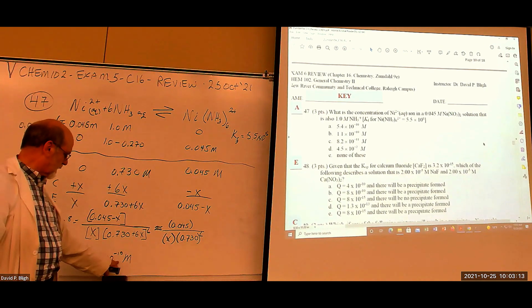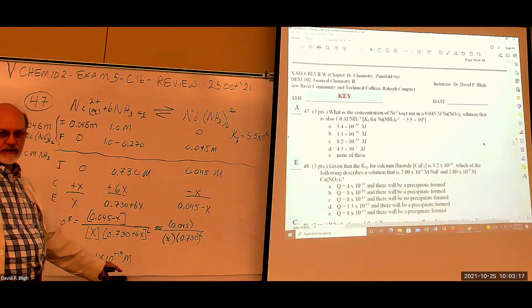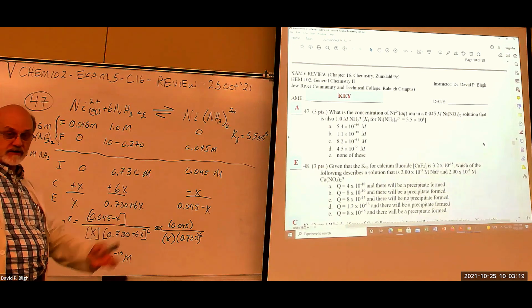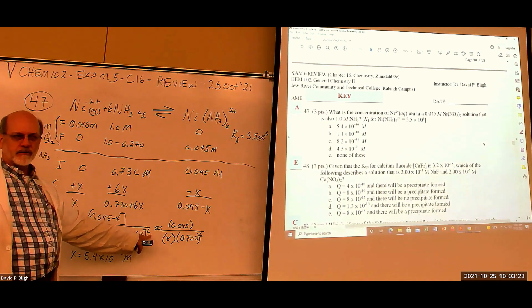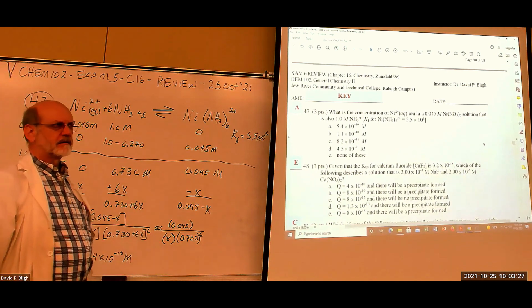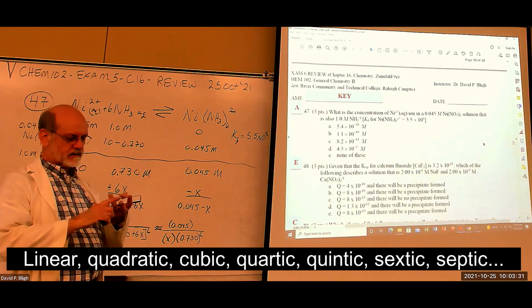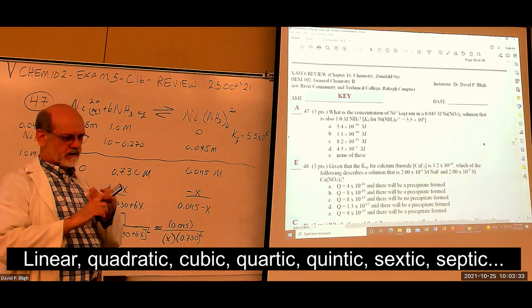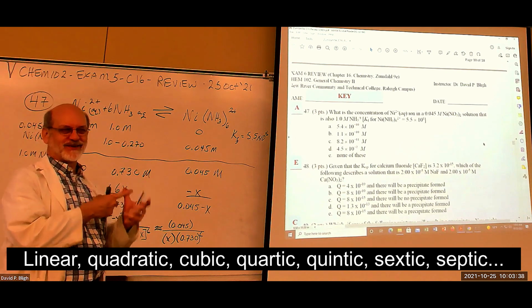If this had come out to 10 to the minus 1, we'd have to do successive approximations, because I don't know the formula for the 6th root. Let's see. Linear, quadratic, cubic, quartic. What's 5? Pentic. I don't know.